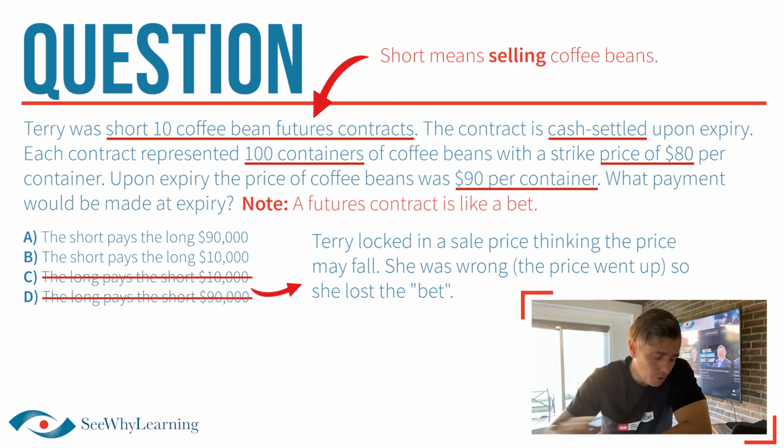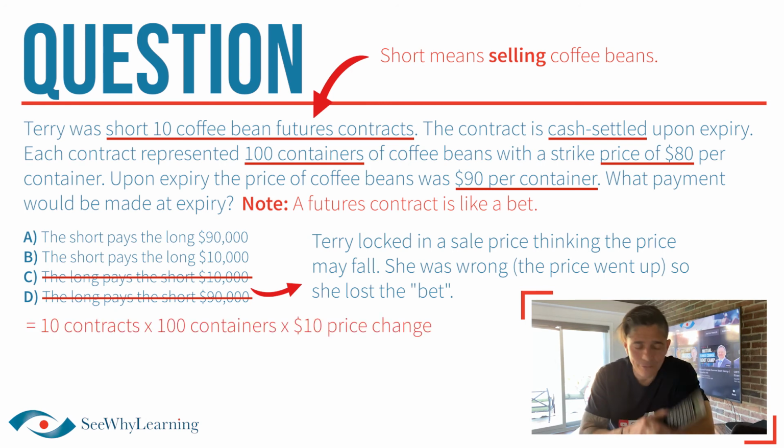And now we just need to do the math. But we've got to be careful here. It's not just the number of contracts times the price. We also have to factor in how many containers each contract represents. So to do the math, we're going to go 10 times 10 in our calculator times 100 containers times that $10 price change.